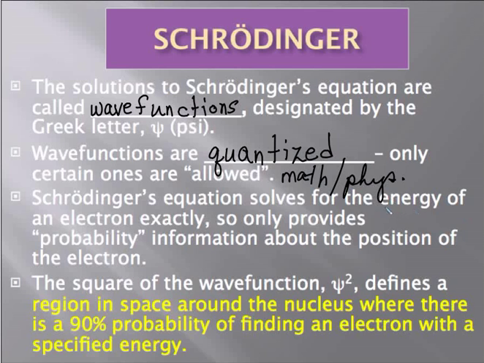Now, Schrodinger's equation, the goal is to solve for the energy of an electron. So the best we can get is that probability information. Honestly, as you get to atoms or ions that are larger than, say, a helium +1, or maybe even a lithium +2, if you get into many-electron situations, scientists have moved to much, much more complicated mathematical models to help understand the structure.